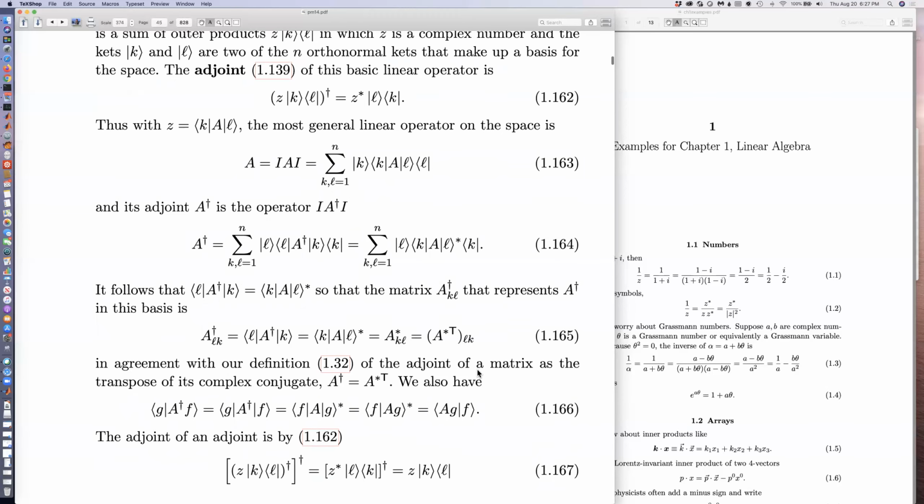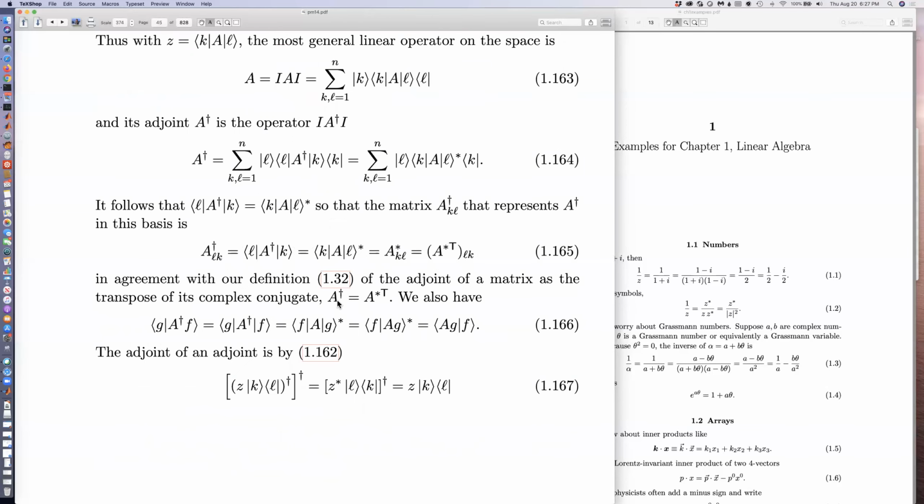That agrees with our earlier definition of the adjoint of a matrix as the transpose of its complex conjugate. And by the way, if any of you are LaTeX aces and can figure out a really good way of writing transpose, let me know, because this T is a little too big and bold.